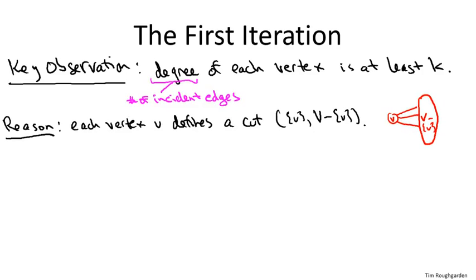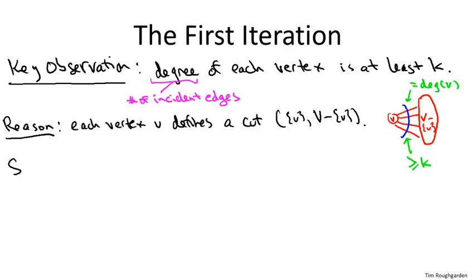So if all exponentially many cuts have at least k crossing edges, then certainly the n cuts defined by single vertices have at least k crossing edges, so therefore the degree of every vertex is at least k. Our assumption that every single cut in the graph has at least k crossing edges gives us a lower bound on the number of edges incident on each possible vertex.